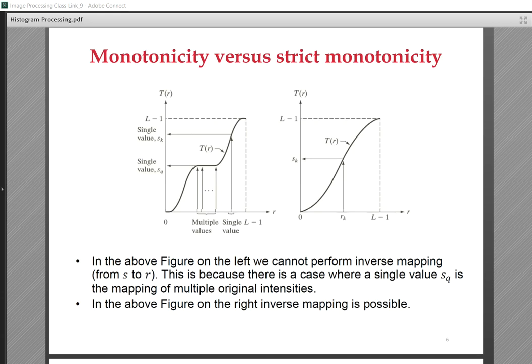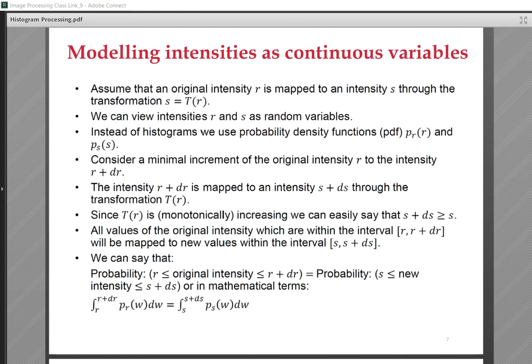In the figure on the left here, it is not strictly monotonically increasing, so we cannot perform inverse mapping, that means from S to R. Why? Because there is a case when a single value, for example this item as a Q, is the mapping of multiple original intensities, RK1, RK2, RK3.